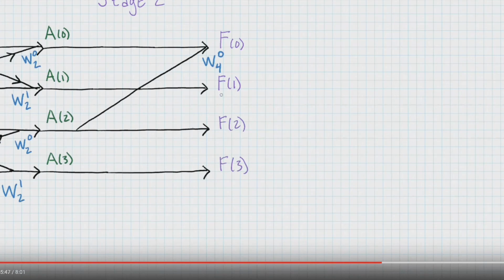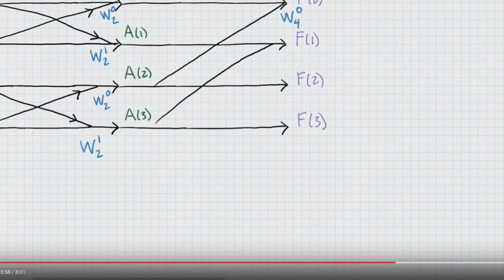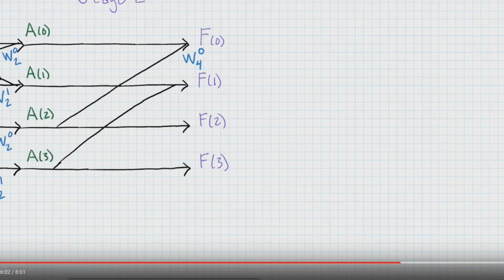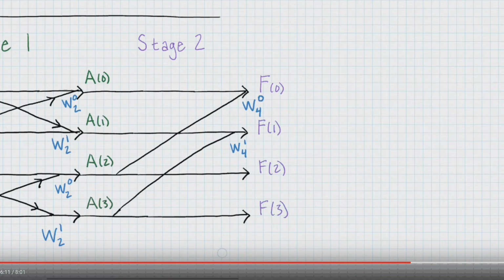Back over here, we'll draw that in for you. From our A3 down there at the bottom, I'm going to draw a line up here to our f of 1. Twiddle factor W of 4, 1, because of the f of 1 sample.